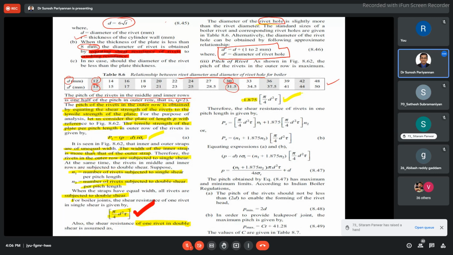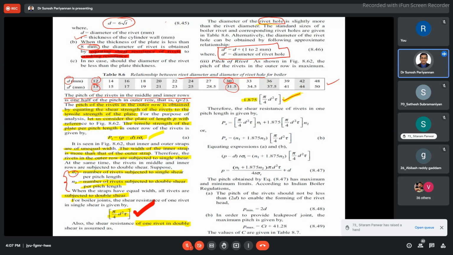This is double shear. Now take the case of unequal width of the strap plates: some of the rivets are going to have single shear, and some double shear. The number of rivets in single shear I am considering N1. Those rivets connected to both strap plates are going to have double shear.